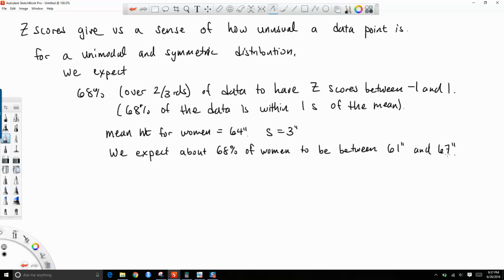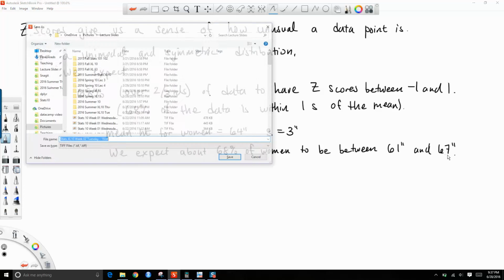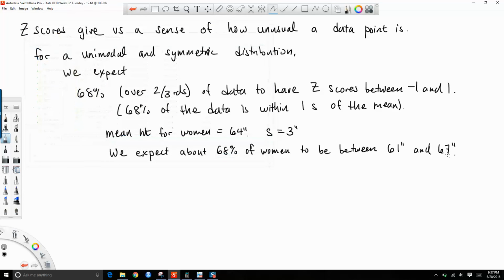So we're ballparking it, and these are just numbers that are rounded off for convenience sake, but about 2/3 of women are between the heights of 5'1" and 5'7". And perhaps that matches your experience of encountering other people.